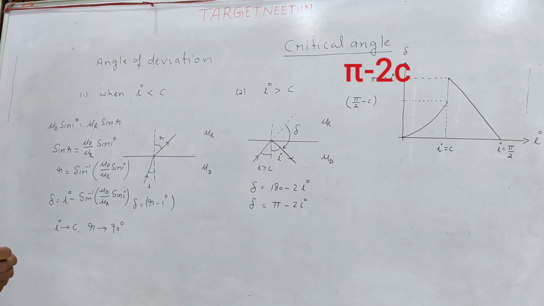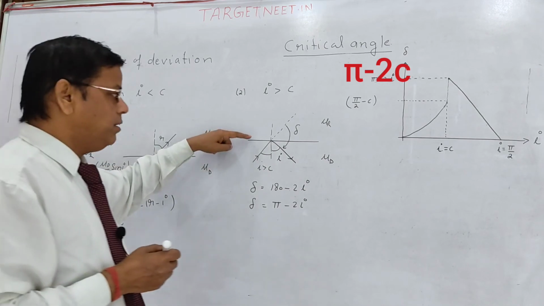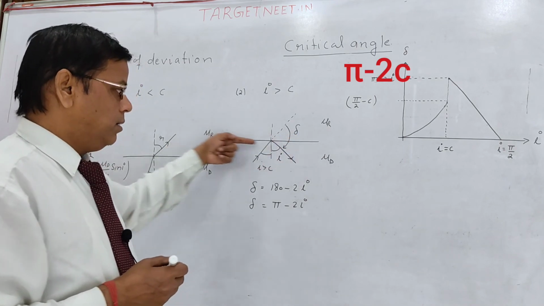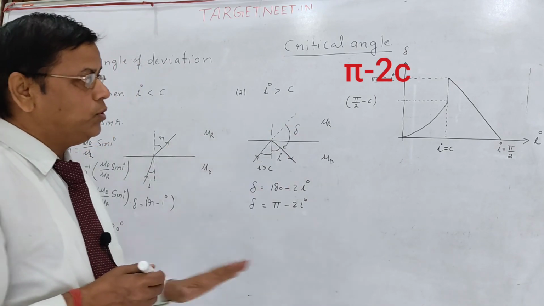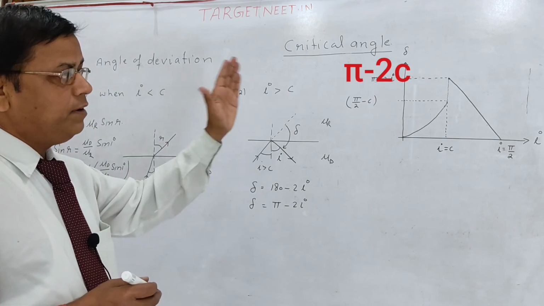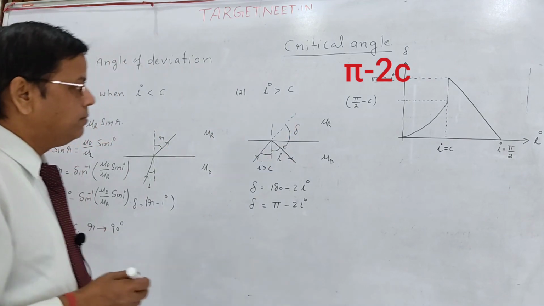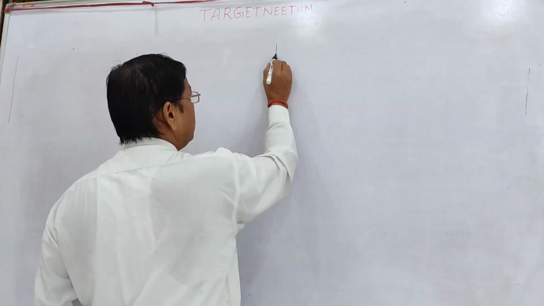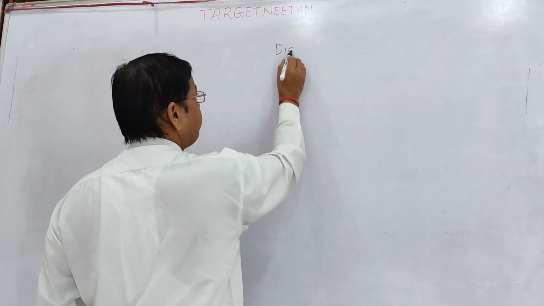So when angle of incidence becomes 90 degree, there will not be any deviation, so deviation becomes 0. So that is how angle of deviation changes with angle of incidence. So remember this graph, the shape of the graph.